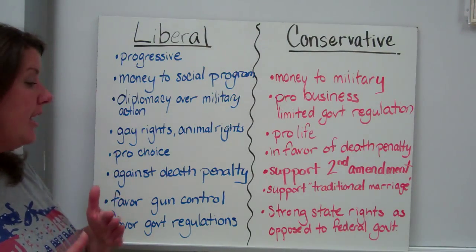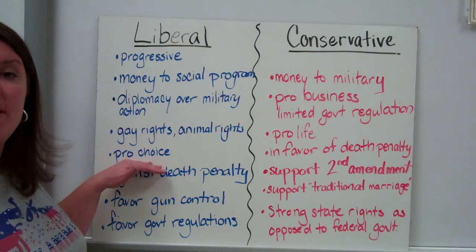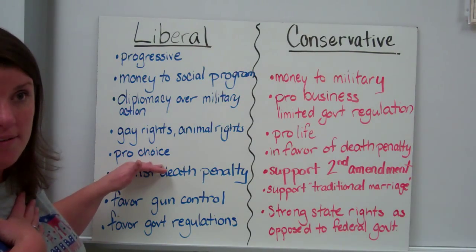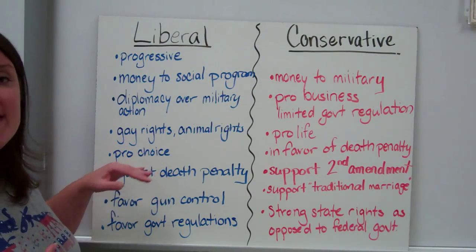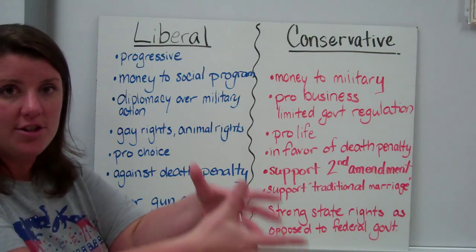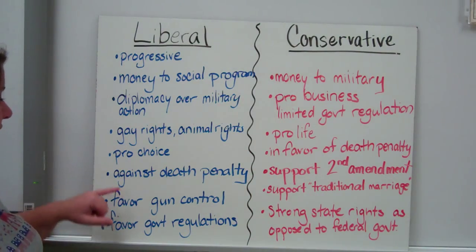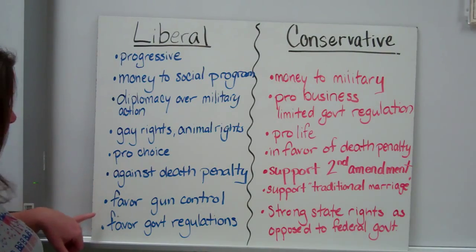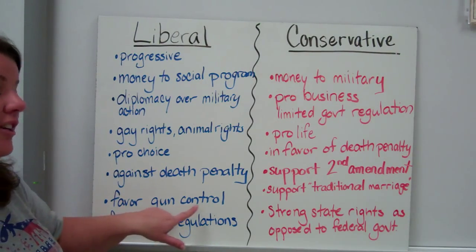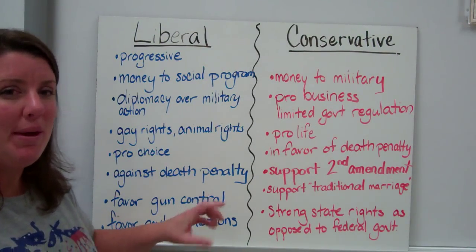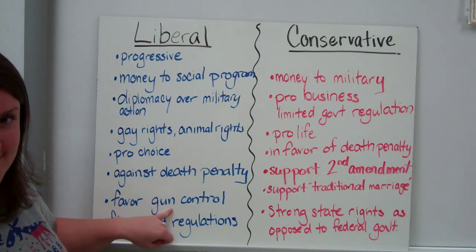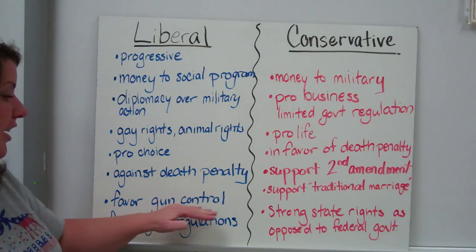Now, this is a little tricky because some people believe for themselves, well, I don't want to have an abortion, but pro-choice is saying it's more the woman's right to choose what she would do. You'd be against the death penalty. You would favor gun control. Now that's a tricky one because you say favor guns, but it's favoring the control of guns.